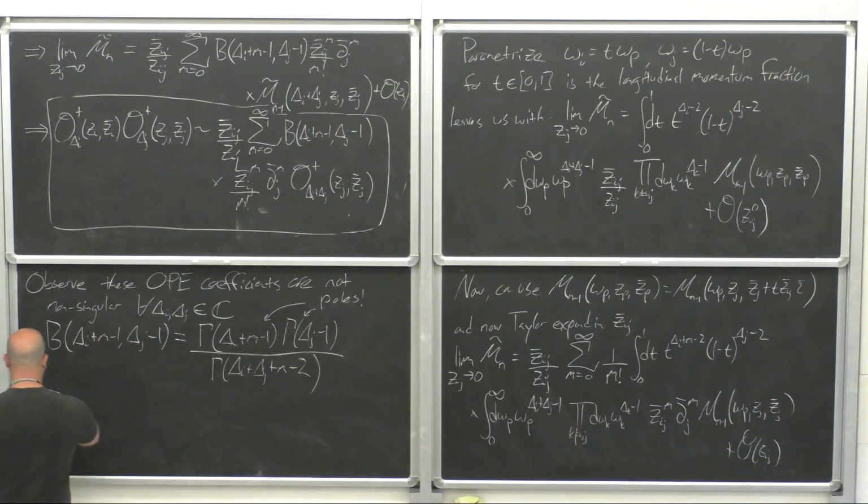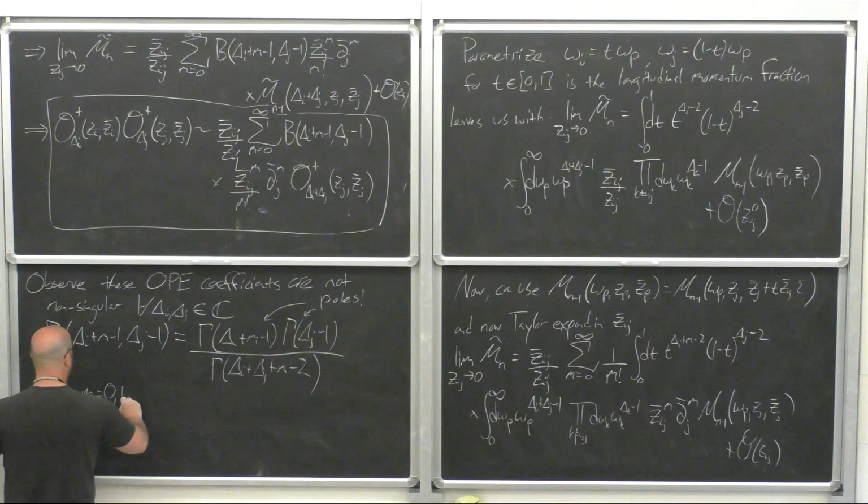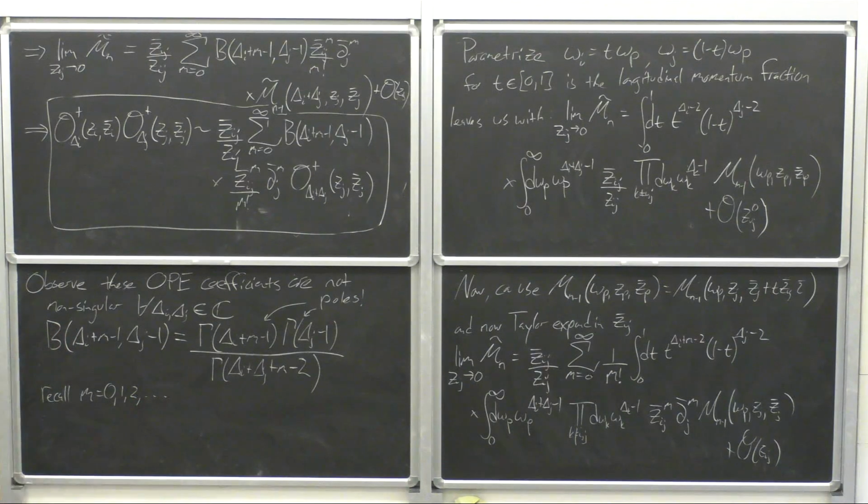So here, recall that m is running from 0, 1, 2, all the way up to infinity over the natural numbers.